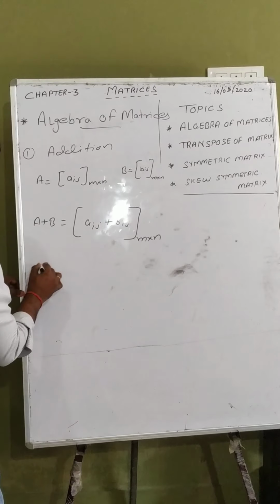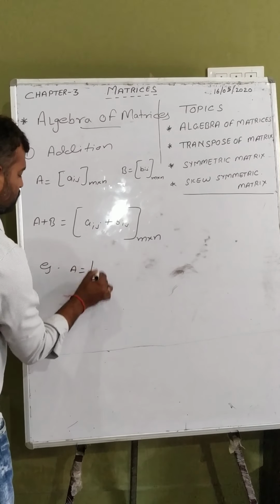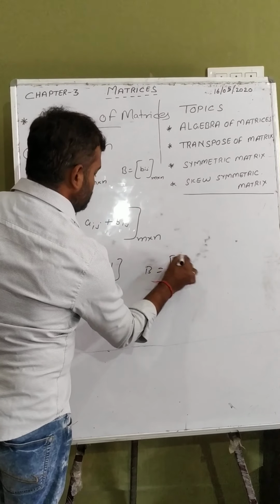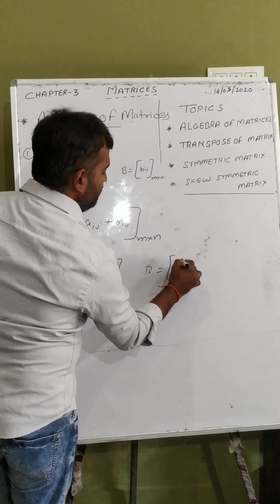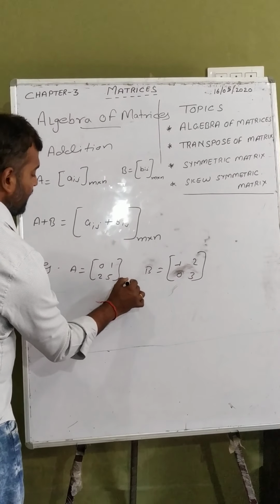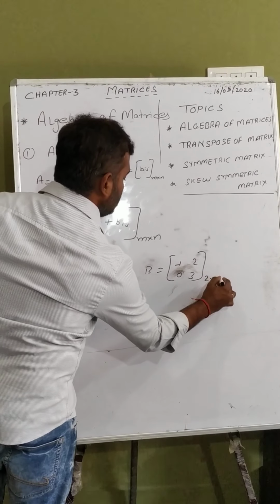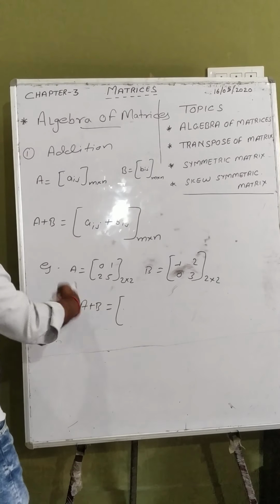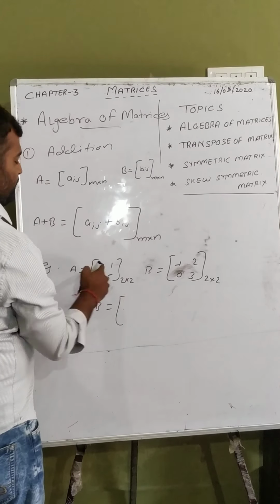With an example, suppose A equals 0, 1, 2, 5 and B equals minus 1, 2, 0, 3. Definitely A has the order 2 by 2 and B has the order 2 by 2. Then these two matrices can be added. Now how can we add their corresponding elements?